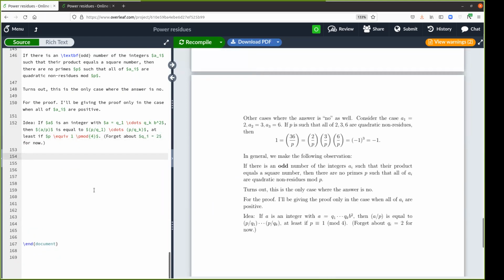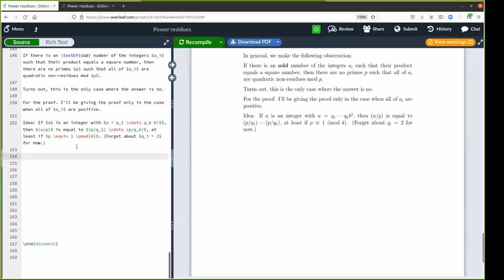Okay, so we can use the idea we gave earlier on. But note that we have a lot of choices to make.